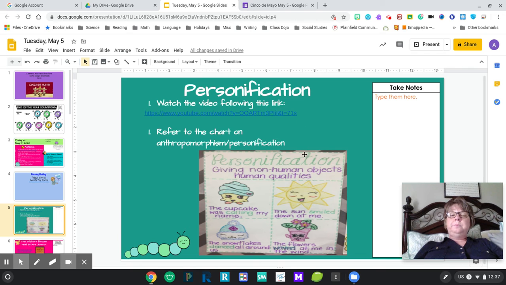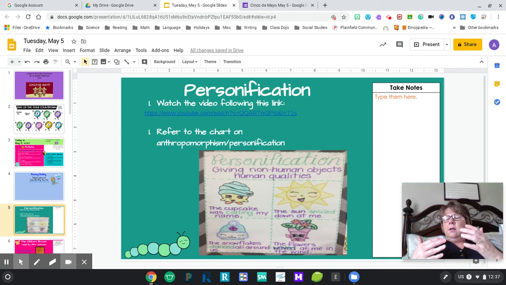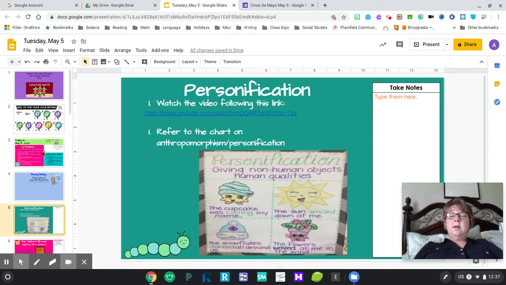Watch the video and basically refer to this personification chart. Personification is giving things that are not human, human qualities, like the sun smiled down at me. Okay, sun does not smile, so it's giving that human quality to the sun, and it's not human.